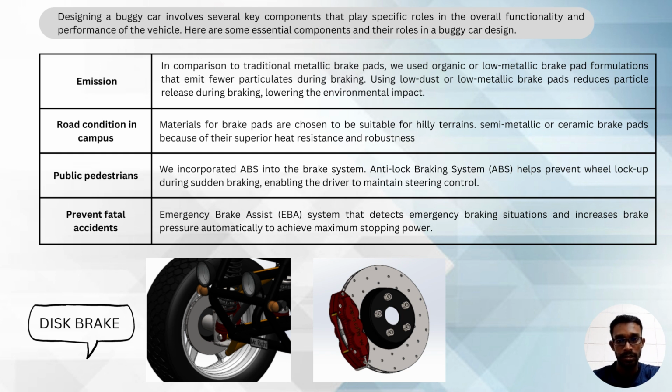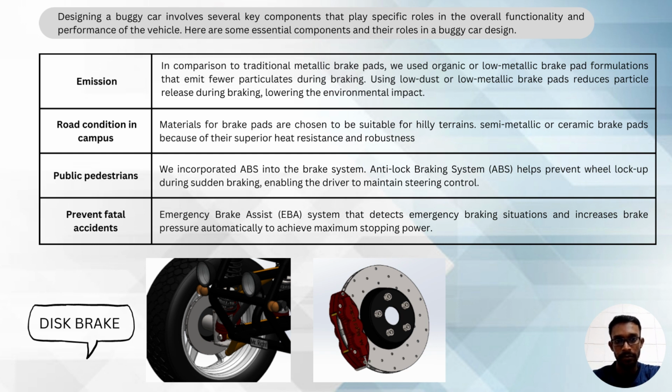Second is road condition in campus. So the materials for the brake pad are chosen to be suitable for hilly terrains, which is semi-metallic or ceramic brake pad because of the superior heat resistance and robustness. Thirdly, we are going to look at public pedestrians. So we incorporate ABS into the brake system.